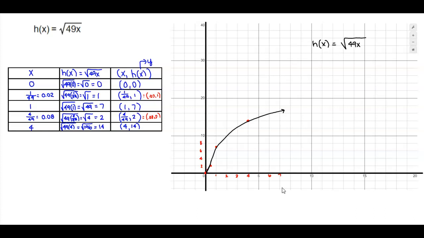Now because we're multiplying a constant by x, this constant is telling us that we're going to have a horizontal shrink. Okay, and that's by a factor of not 49, it's the reciprocal, 1 over 49.